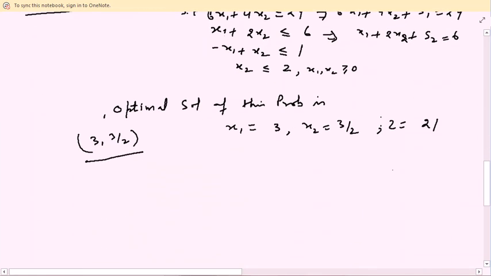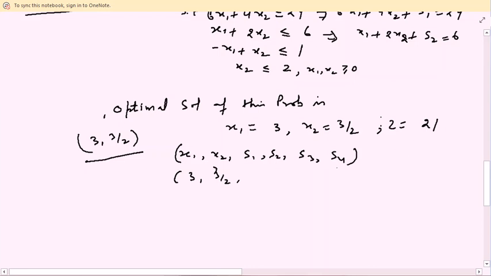So the complete set of variables of this problem are x1, x2, s1, s2, s3, s4, where s1, s2, s3, s4 are the slack variables in the first, second, third and fourth constraint respectively. But we have the information of only the first two variables, 3 and 3 by 2. In order to implement our complementary slackness conditions, we must know the value of these variables.